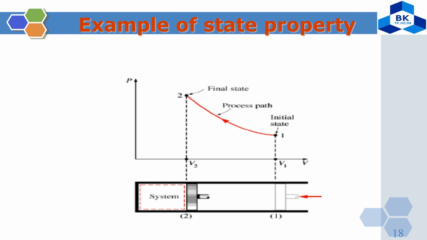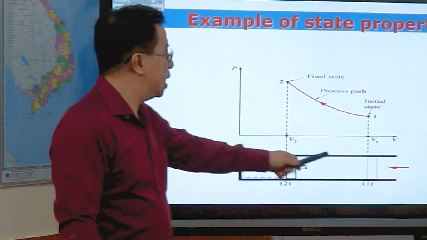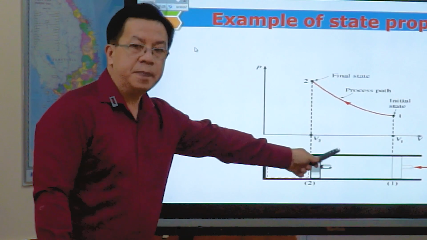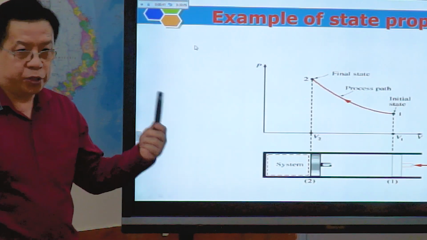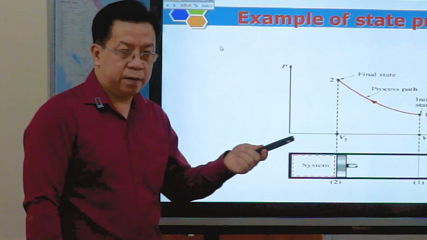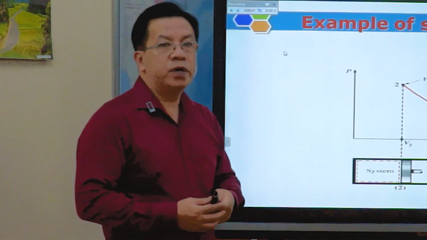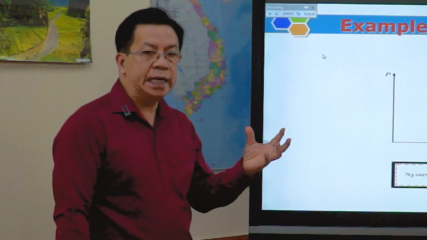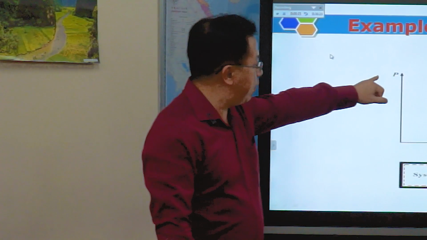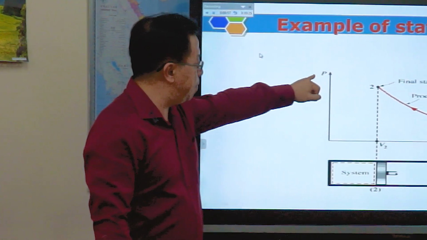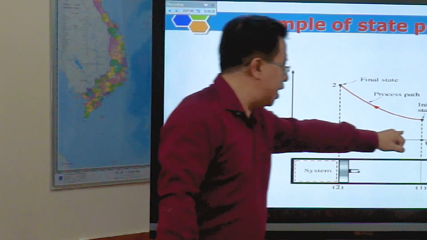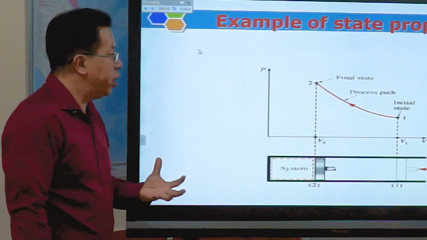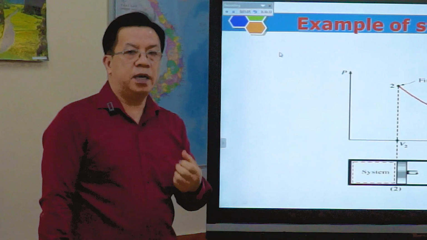For example, in this case, you can see that we use the property pressure P and the specific volume V to make the diagram. And then, as we just learned before, in order to know the state of a substance, we need two independent properties. So in this case, for example, we know the pressure P and the volume V of a substance. We will know the state of the substance.